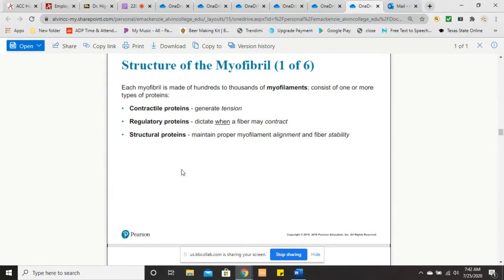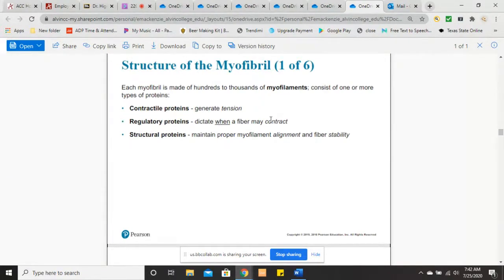Like always in this class, names are here to help. So their names kind of give you a hint as to what these proteins are going to be doing. For instance, contractile proteins are going to be able to do the contraction. They're going to generate the muscle tension. They're the ones responsible for doing the shortening. Then there's regulatory proteins. They regulate when the contraction can occur. They dictate, meaning they regulate. They control when you could contract.